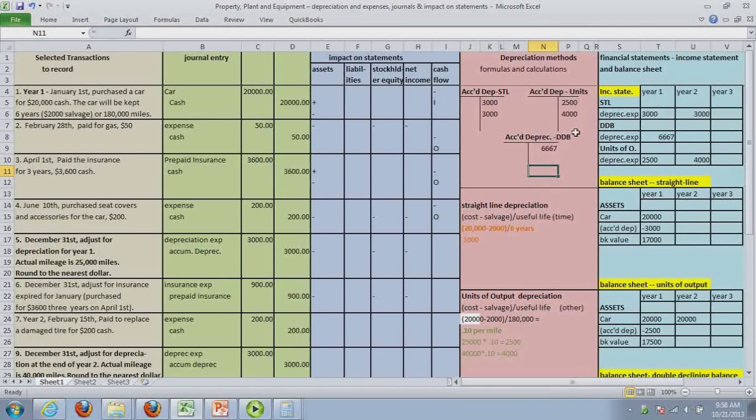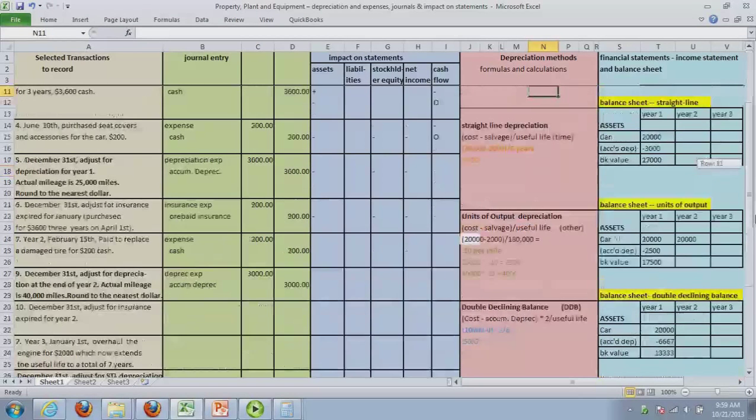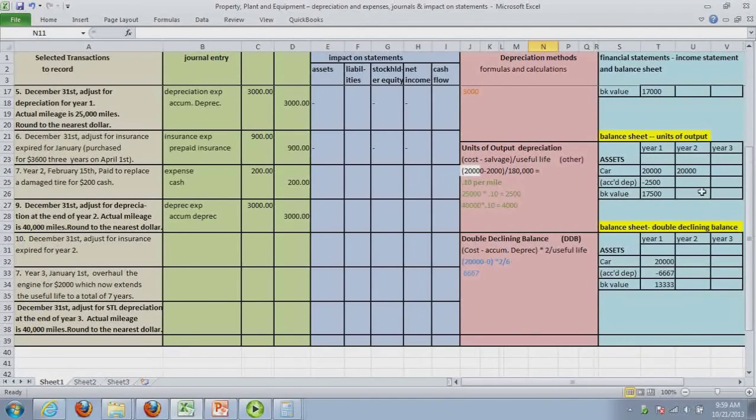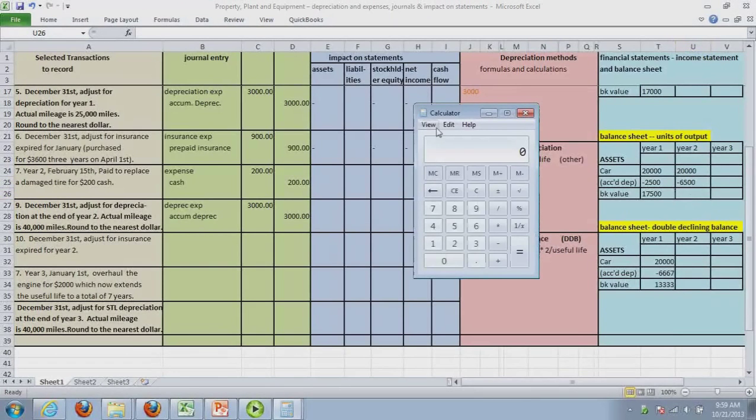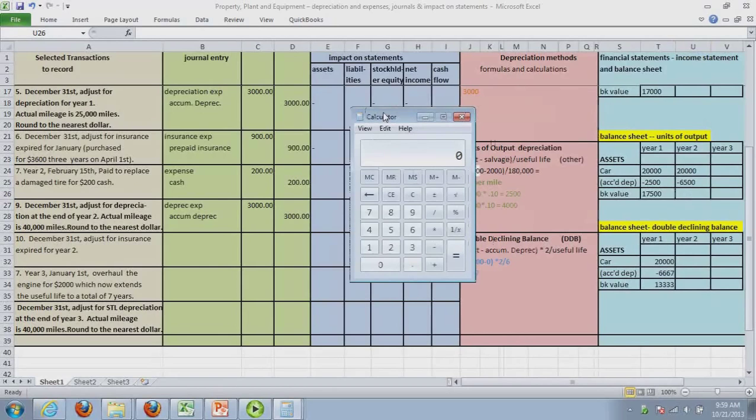Okay, so that's what we have. So the total for straight line, as we know, is 6,000. This one's 6,500, so I'll put that down there. Again, there's no predictable pattern with this one. Whatever the usage is dictates how much you've used it. So 20,000 minus 6,500 is 13,500.